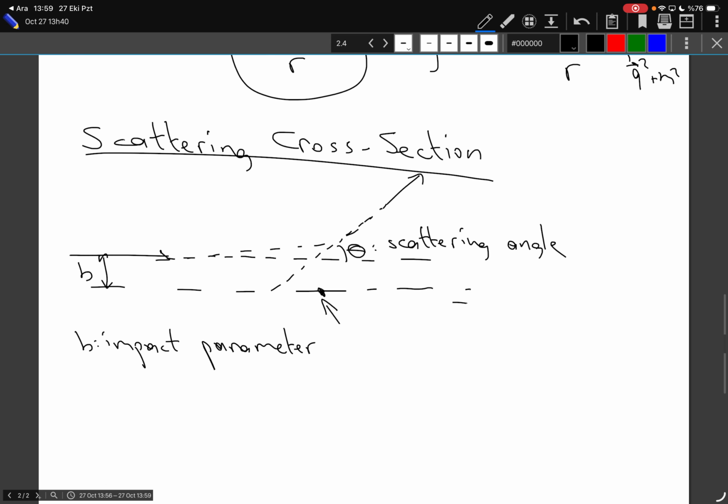Why are we looking at the scattering problem? Well, basically everything we observe, we measure, is a scattering process. For example, when I look over there, I see that there is a blue chair, and what is actually happening is there are these photons all around coming from various sources.